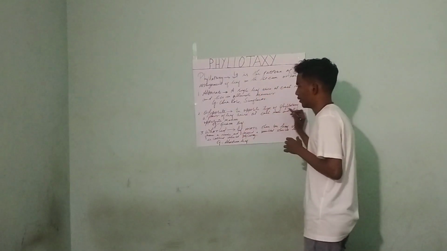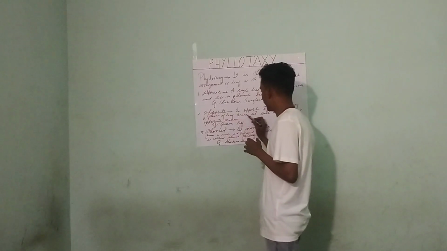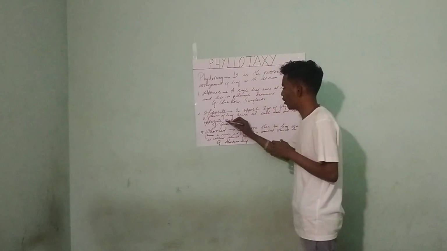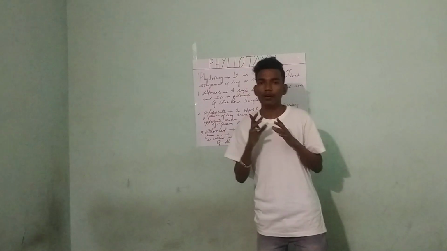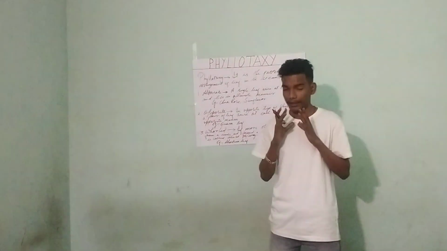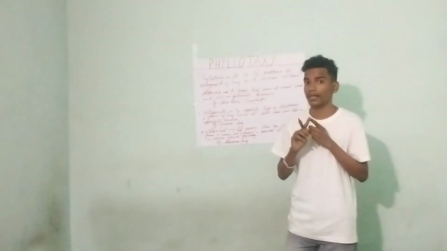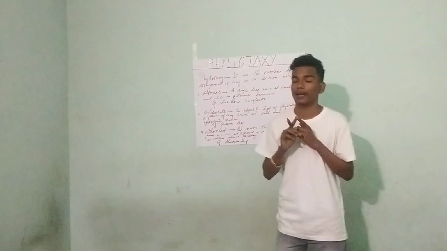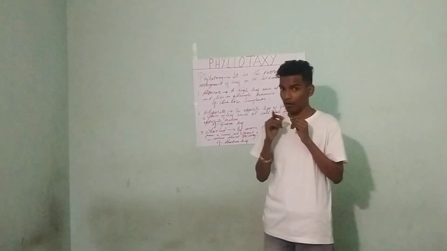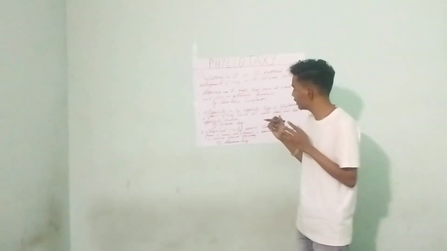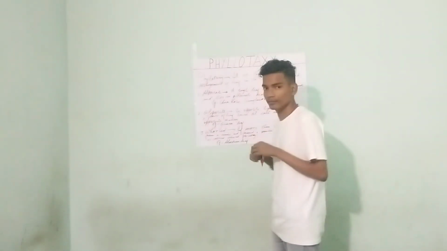In opposite type of phyllotaxy, a pair of leaves arises at each node and lies in opposite manner. A pair of leaves means two leaves arise at a node, and they are arranged opposite to each other, as you'll see in the guava leaf.